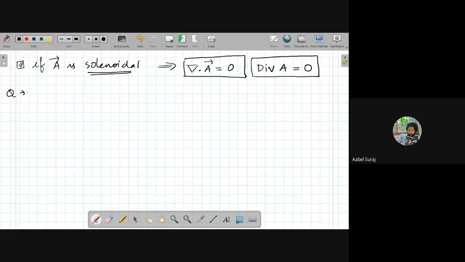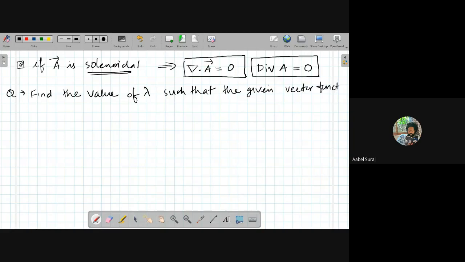So the question is: find the value of lambda such that the given vector function is solenoidal. You can do it as homework.